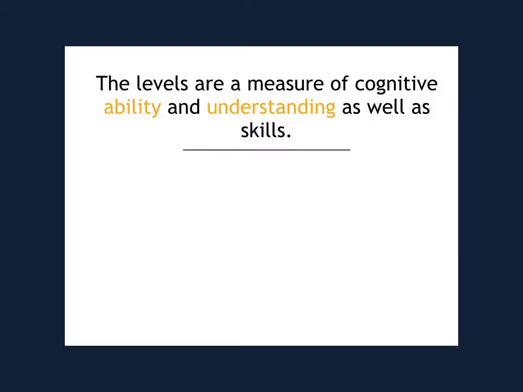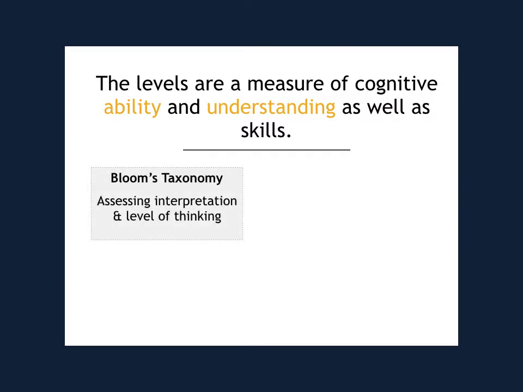The levels are a measure of cognitive ability and understanding as well as skills. So we need to look at how we get these levels. There are many different predefined concepts that one can use to apply to the levels, and the most common examples are these three. First of all, Bloom's taxonomy, which is best used for assessing interpretation and level of thinking.